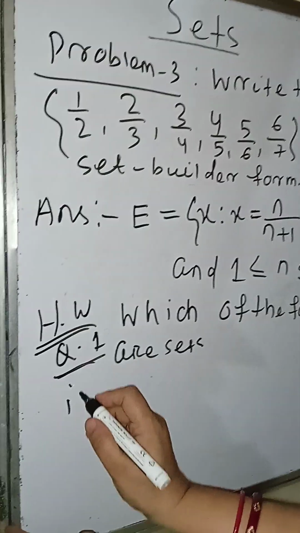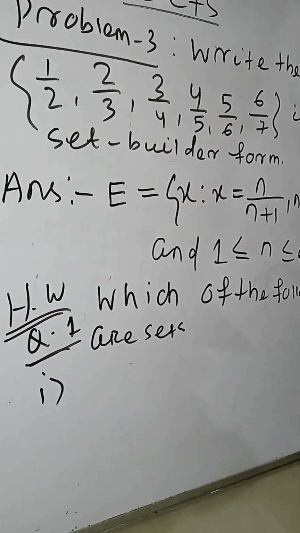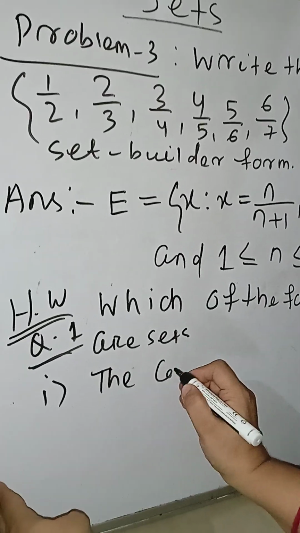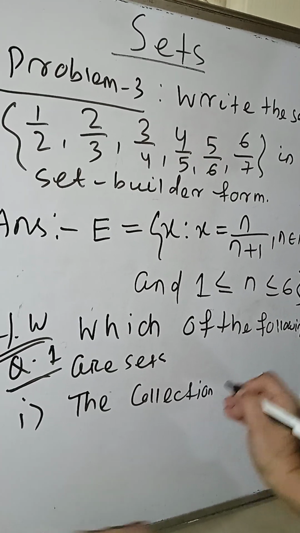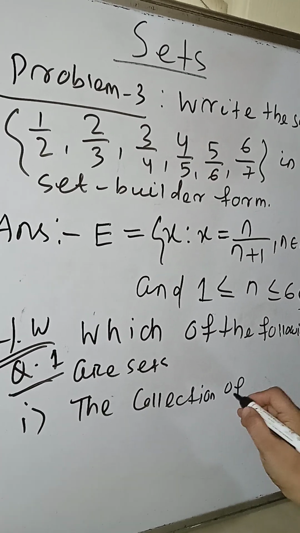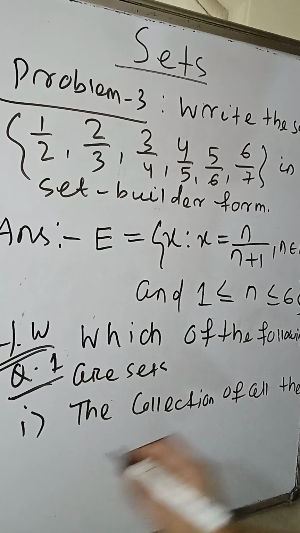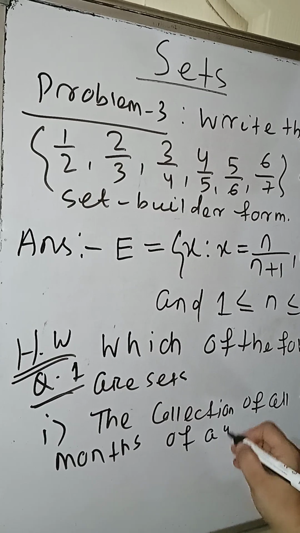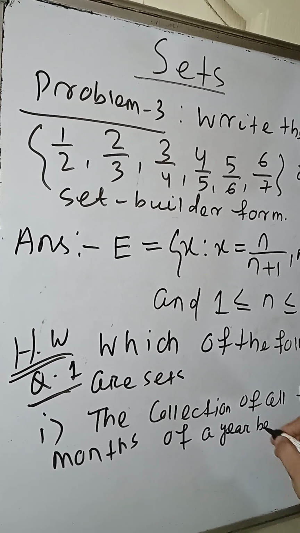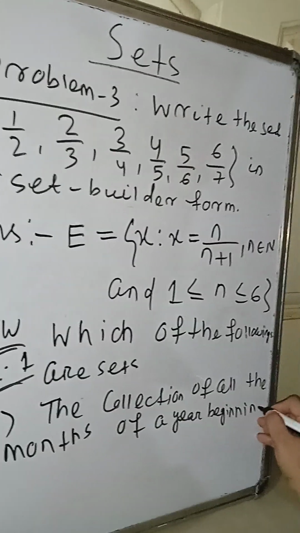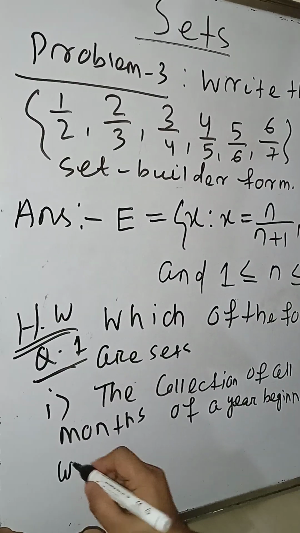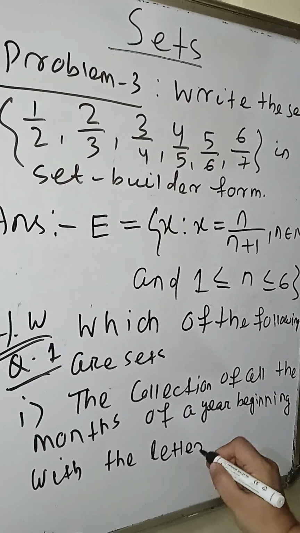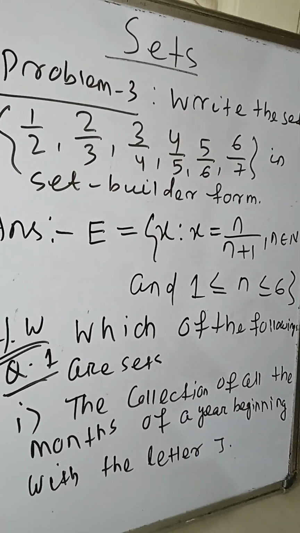We already discussed this in previous classes before going to the definition of a set. First: the collection of all the months of a year beginning with the letter J. You have to check whether this is a set or not.